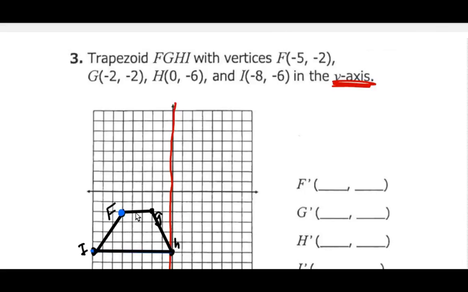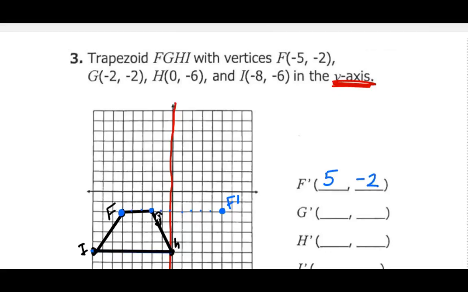So in this case, it's the y-axis. So for F, my distance is 1, 2, 3, 4, 5. So if it's 5 to the left, I'm going to go 5 to the right. 1, 2, 3, 4, 5. And here's my F prime, which is at 5, -2.